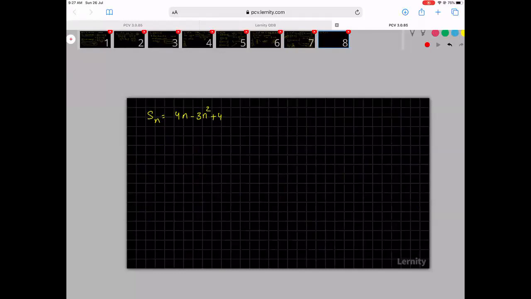Okay, the question is: the sum of n terms of a progression is given as this. What is the third term of the sequence?